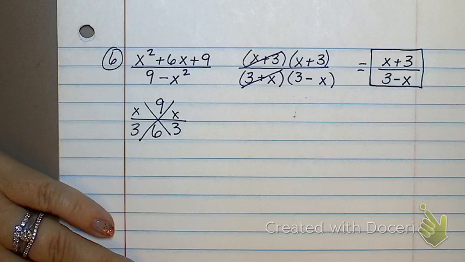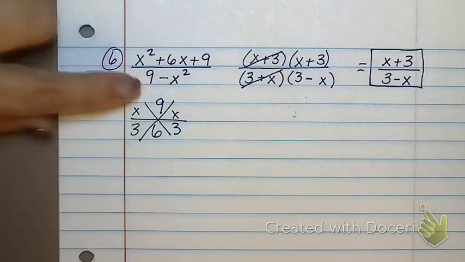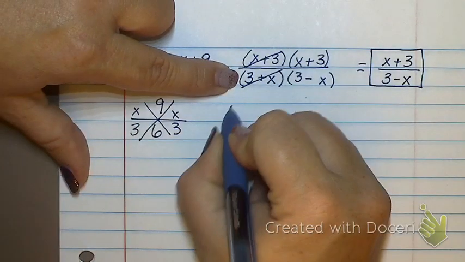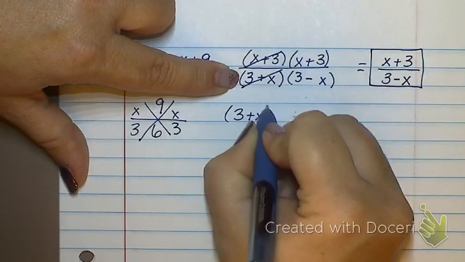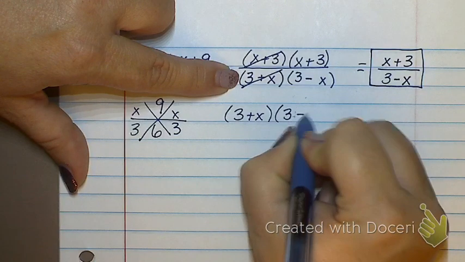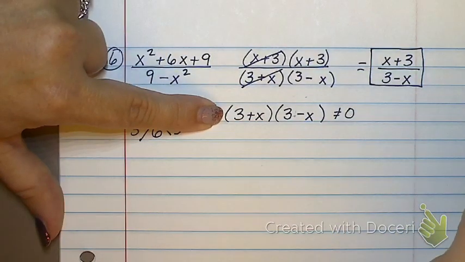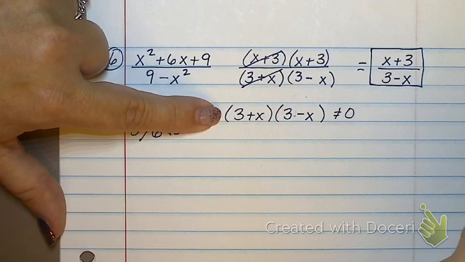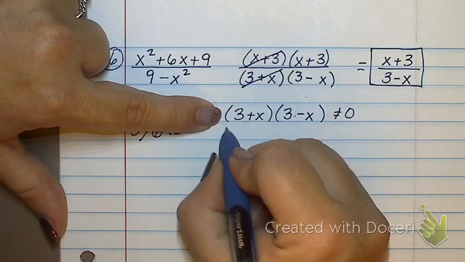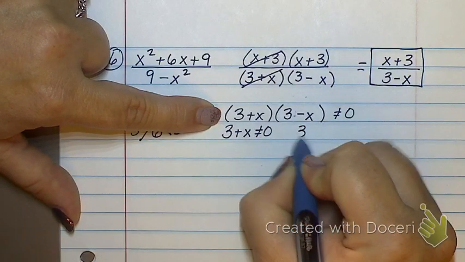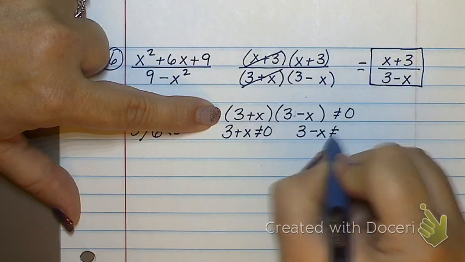Now, how do I find my excluded values? Go back to the original denominator, specifically the factored form of the original denominator, and set it not equal to 0. We spent a couple chapters doing this. What do I do here to find what these values are? 3 plus x is not equal to 0, and 3 minus x is not equal to 0, right?